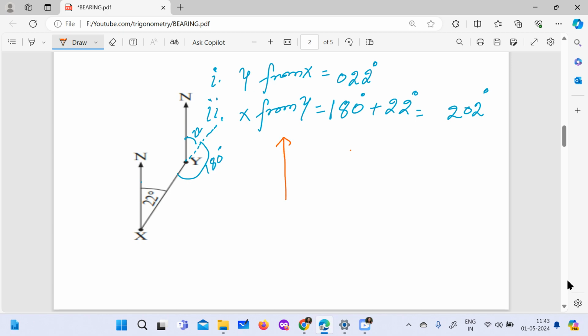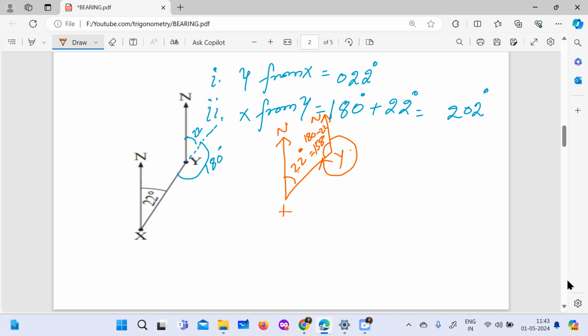Let me write. So it's up to you, whatever you find easier you can work accordingly. X, y, and this is 22 degree. Now we have to measure this angle. So as I said, sum of co-interior angles is 180 degree. So we have to find this. This one will be 180 minus 22, that will give you 158 degrees.